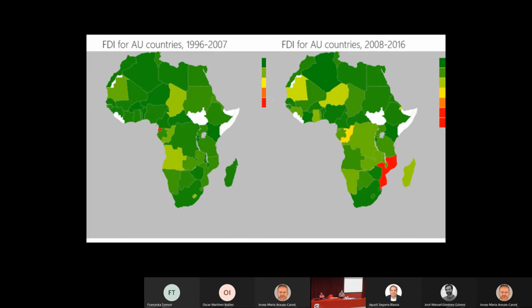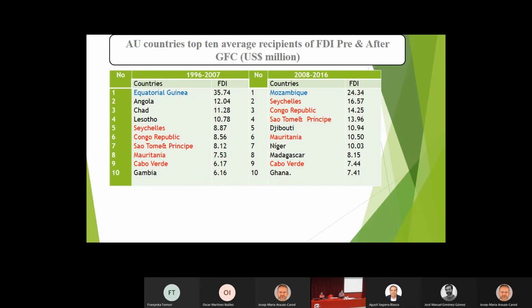If we see the index and the countries in the first slide, the period before the global economic recession, Equatorial Guinea received the most, and the second is Mozambique. So there is change, and the yellow colors are in the middle, such as Mauritania or Angola. Here are the top 10 average recipient countries of FDI before and after.